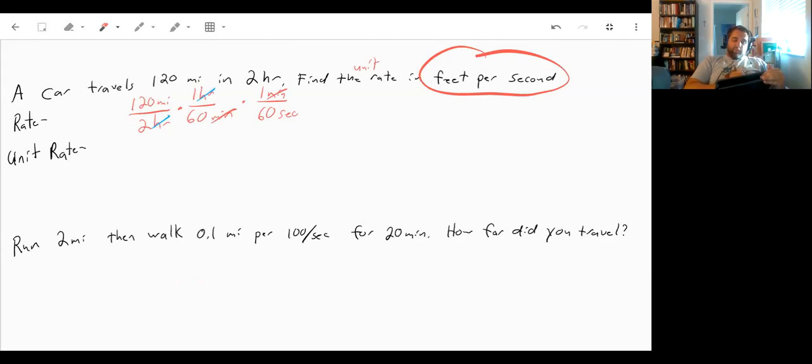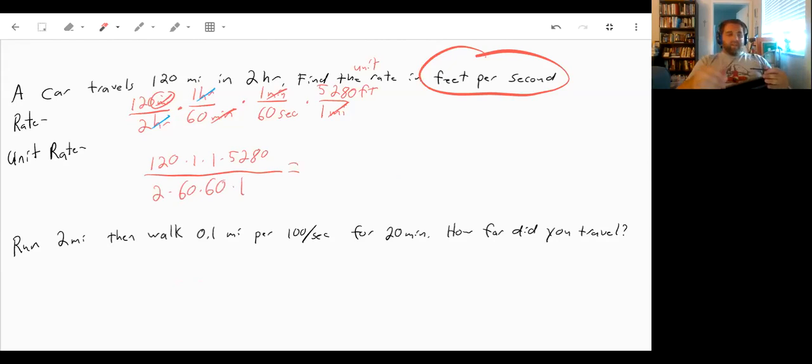Last thing is we need to convert from miles to feet. So hopefully you've learned at some point that 1 mile is the same as 5,280 feet. And in that case, your miles will cancel with your miles. So what's left then? Well, we have 120 times 1 times 1 times 5,280 divided by 2 times 60 times 60 times 1.